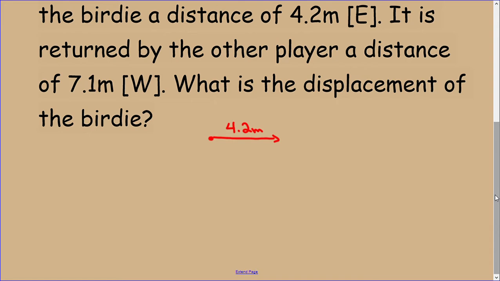Now it says after that the player then returns it 7.1 meters west. So that's a new line, but it has to start at the end of this reference point. So it's then traveling 7.1 meters in the opposite direction. You could take a ruler and measure this out to be 7.1 centimeters long, which would be 7.1 meters.